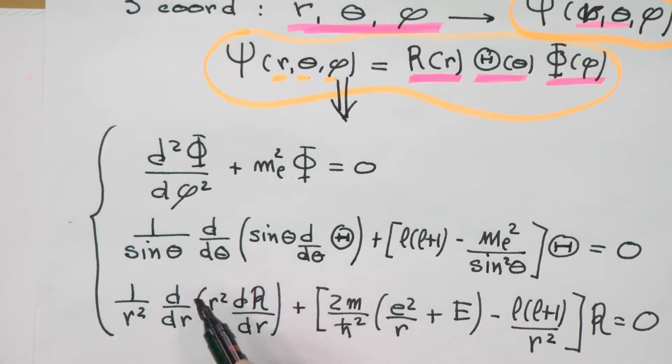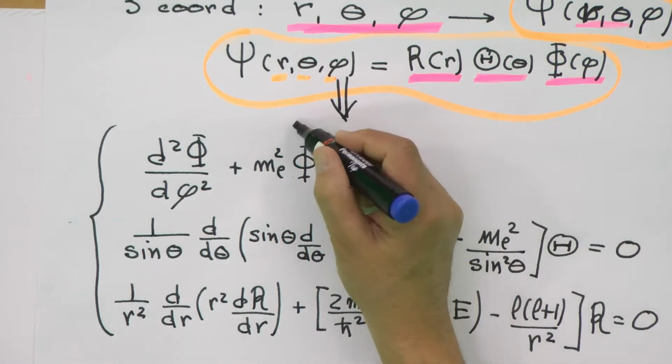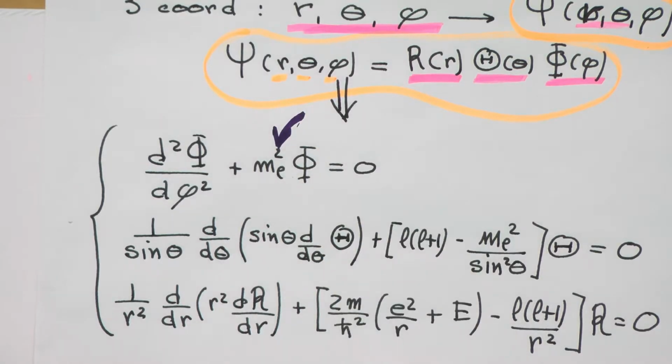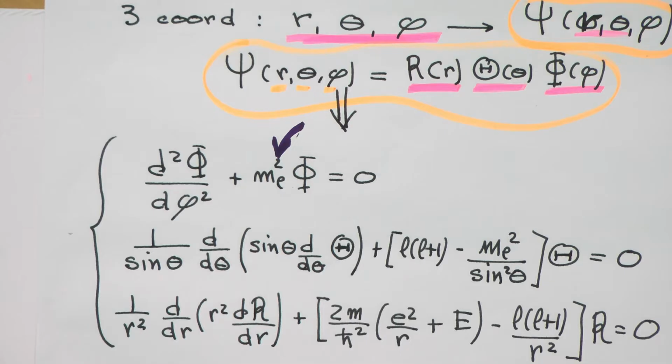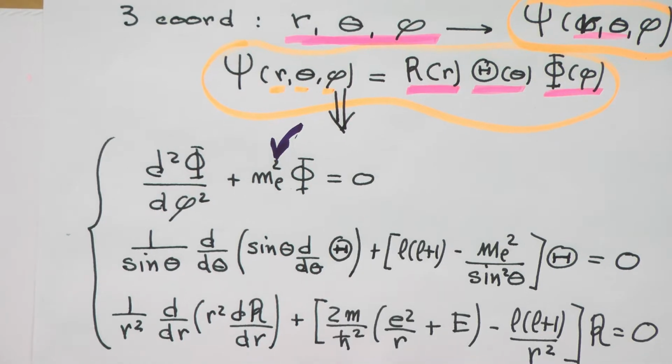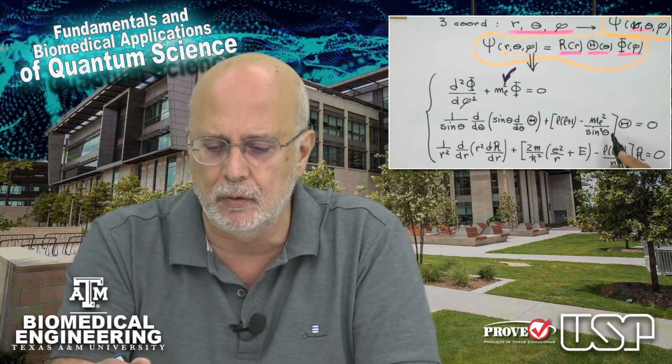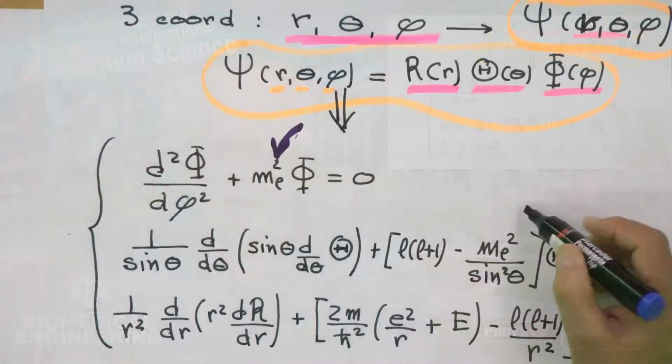For theta, we get a solution that somehow depends on those constants. So there is a constant here that I call ML, and that's going to appear here. But because we make that part of phi equal to a constant, you end up having the constant in theta too.